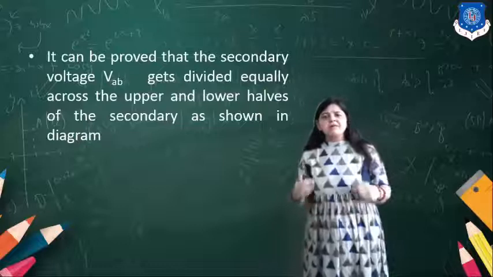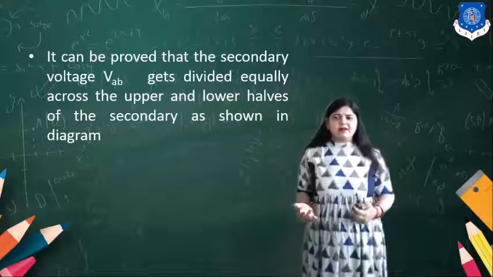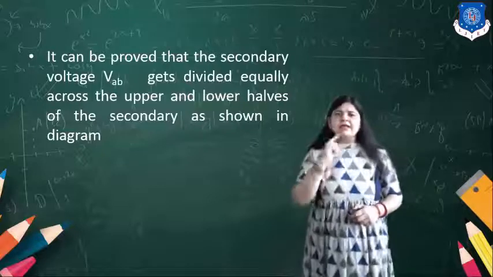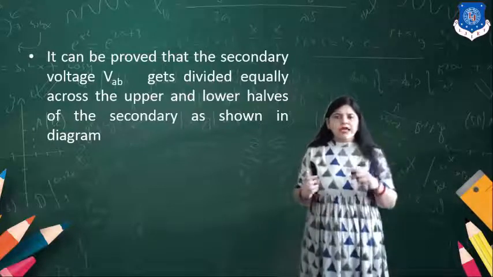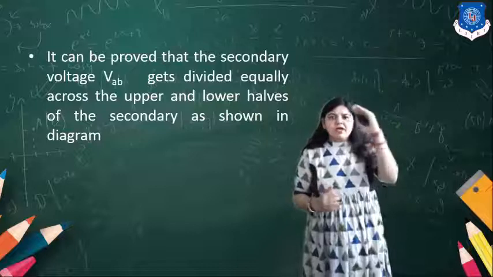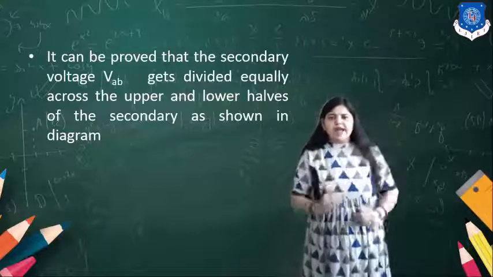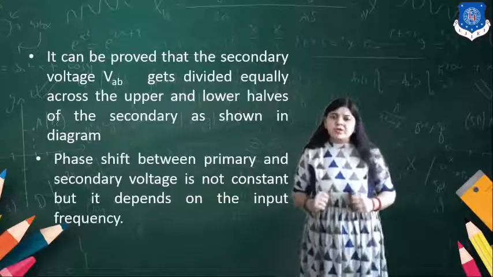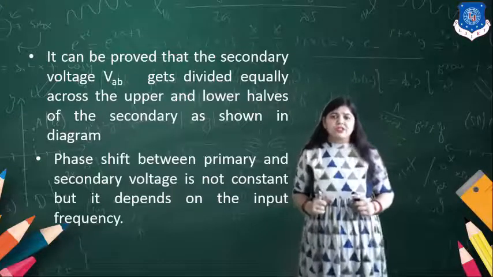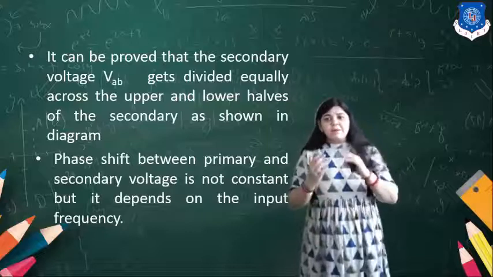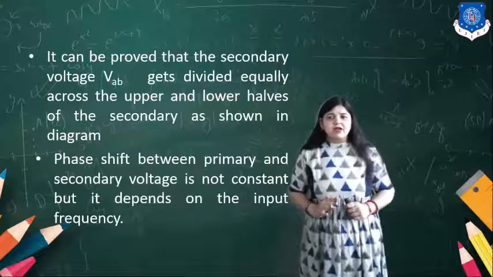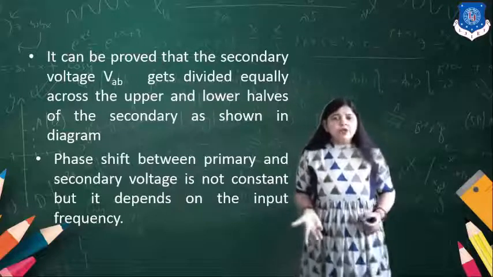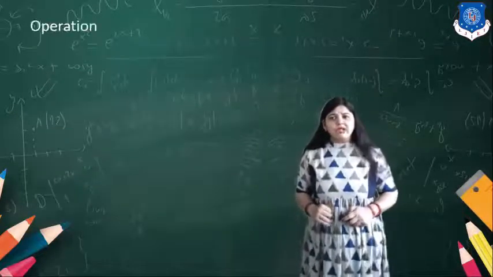It can also be proven that the secondary voltage appearing at the secondary terminal is divided equally into the upper half and the lower half, as we have seen in the diagram. There would be a phase shift between the primary and the secondary, and that phase shift depends on the applied frequency.